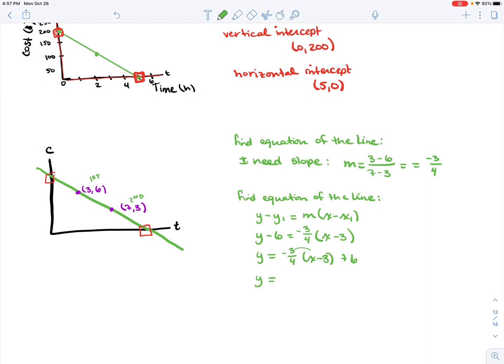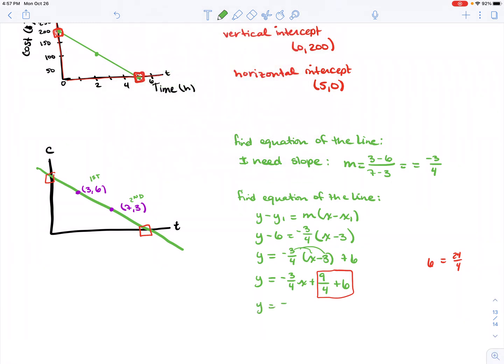I need to distribute my 3/4 inside my brackets, so I have minus 3/4 x plus 9/4, and of course plus 6. Now I need to deal with this. So I'm going to go ahead and convert my 6 to a fraction, so then I can deal with this part here, and 6 equals 24 over 4.